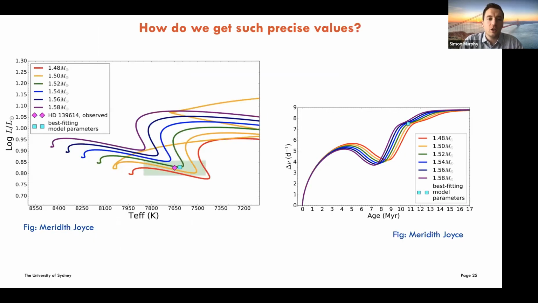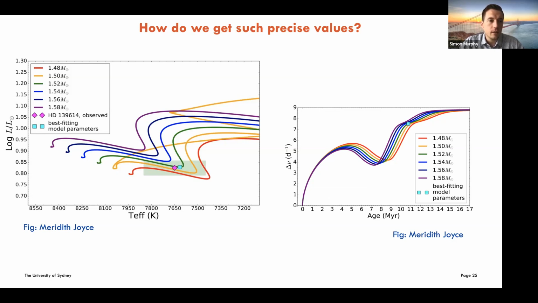Now, how do we get such precise values? How do we get sub 10% precision on the age? Well, on the left are the evolutionary tracks that I showed before. And on the right, what I'm showing is the evolution of delta nu, the large spacing, as a function of age. And what you can see is that there is a mass dependence to this graph, right?